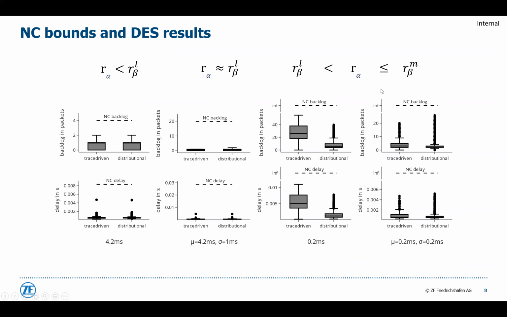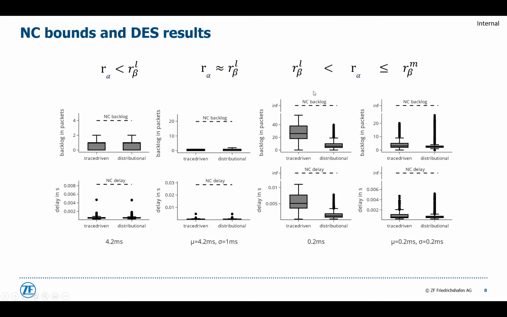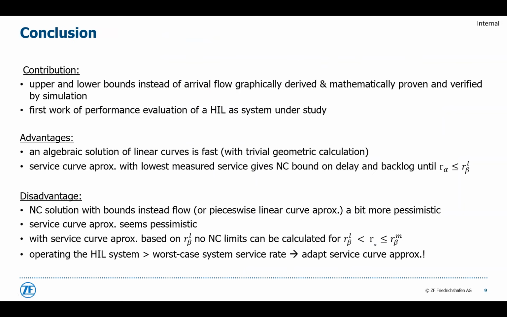And when increasing the rate, with this approximation, we cannot find any bound. It's an infinite bound. When we want to operate the system in that mode, we need to use another approximation for the service, if this is possible.